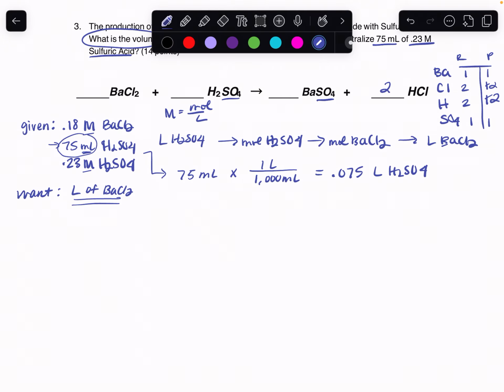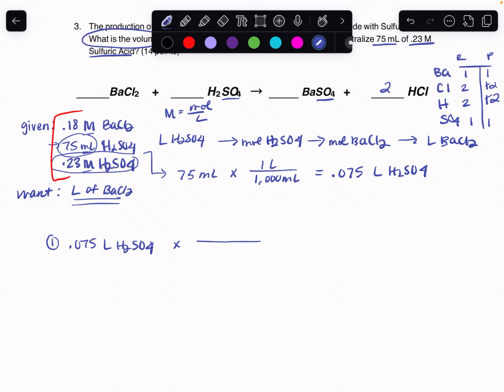We're going to start here with liters, so 0.075 liters of H2SO4, and I'm going to turn that into moles. How am I going to do that? I'm going to use my molarity. Remember, these three things here, we must use all of them at some point in order to get our answer.